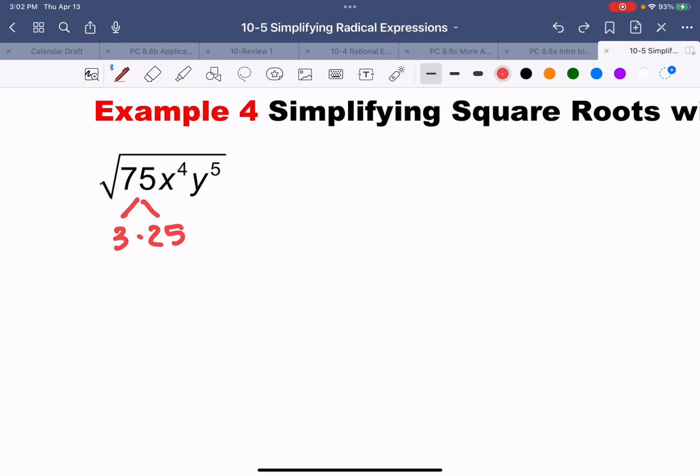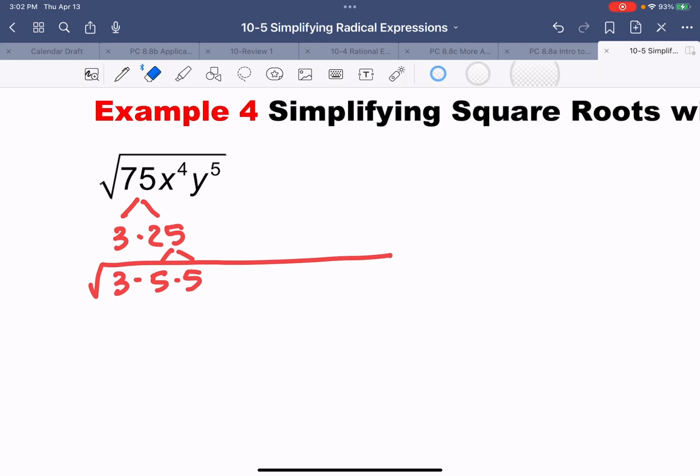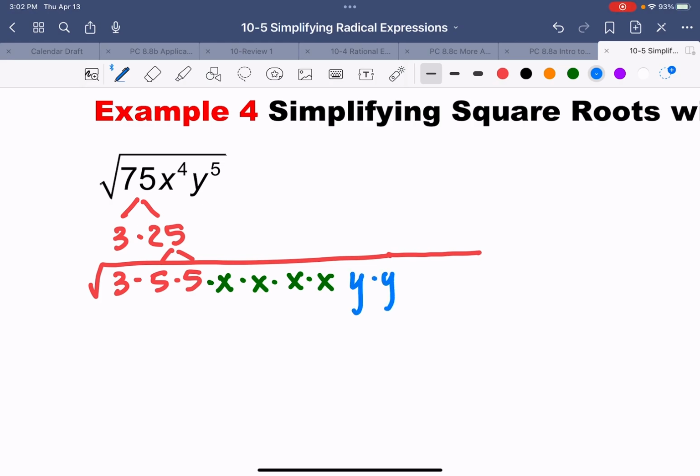So that's 3 times 5 times 5 for 75. And the x's, x to the 4th simply means I have 4 x's being multiplied. And the y to the 5th means I have y times y times y times y times y.